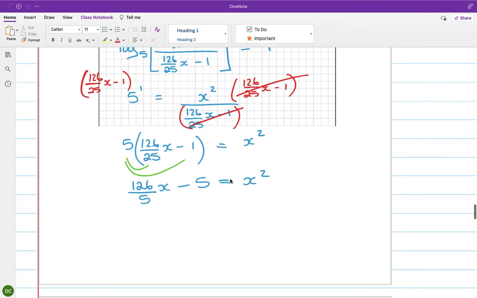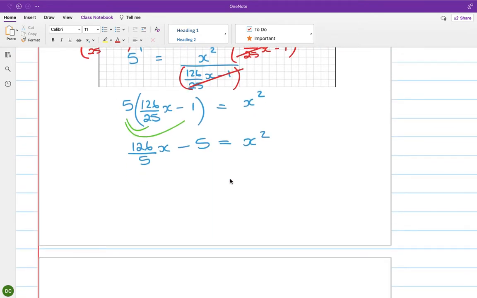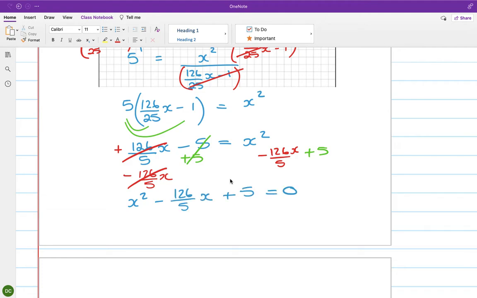The fact that it has an x squared means it's going to be a quadratic, and for quadratics I need equals 0. So this is a plus. I'm going to do minus 126 over 5x and minus 126 over 5x, and then plus 5 and plus 5. So I have x squared minus 126 over 5x plus 5, and there's nothing on the other side.